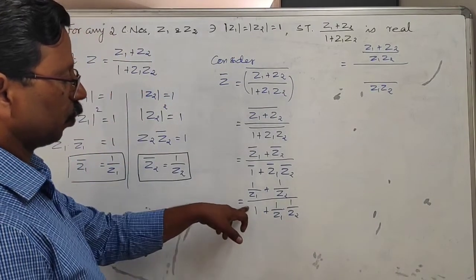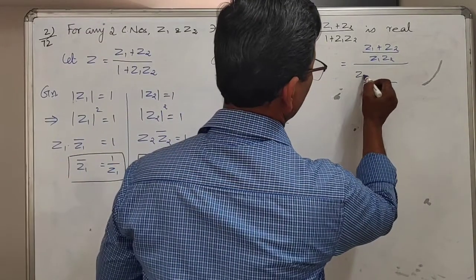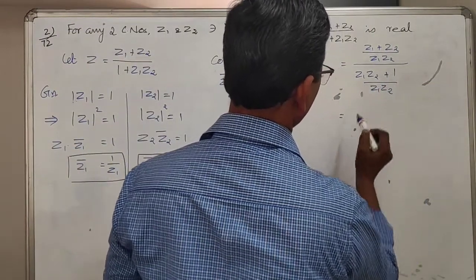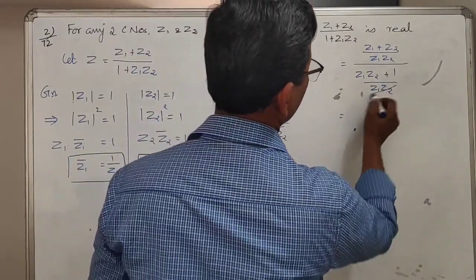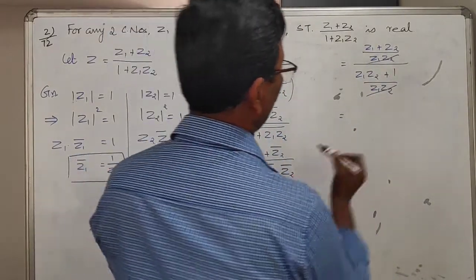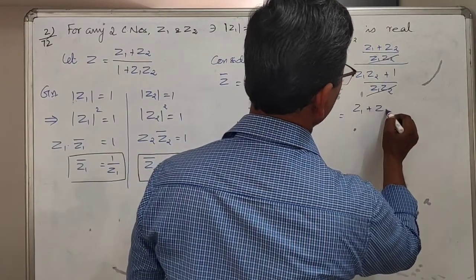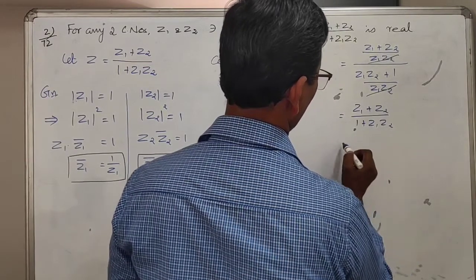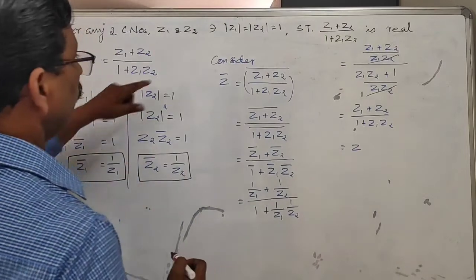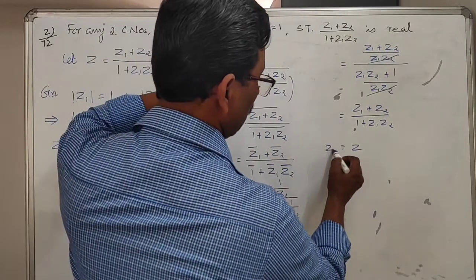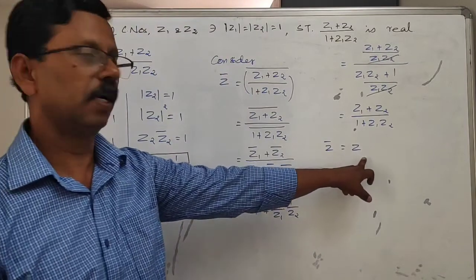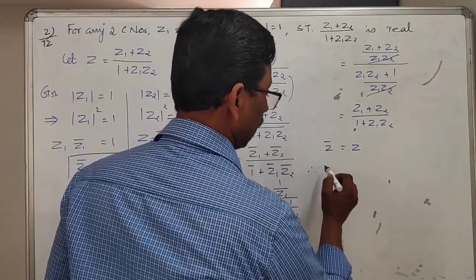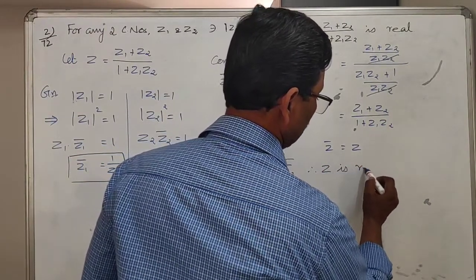Then you can take Z1 into Z2 plus 1 into 1 you can write. Now here these two getting cancelled. What we left out? Z1 plus Z2 by 1 plus Z1 into Z2, which is nothing but Z. Now we have started with Z bar and we have proved it is Z. Therefore, if Z bar equal to Z, definitely we can say Z is real.